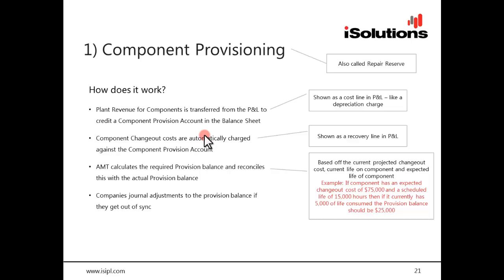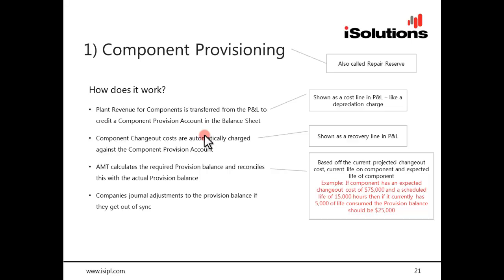So we've got a report that shows what is the actual provision versus what should be in your provision. And it's really something that we recommend companies keep a reconciliation on at a high level. You know, it's a little bit of swings and roundabouts. You'll gain on some components, you'll lose on others.